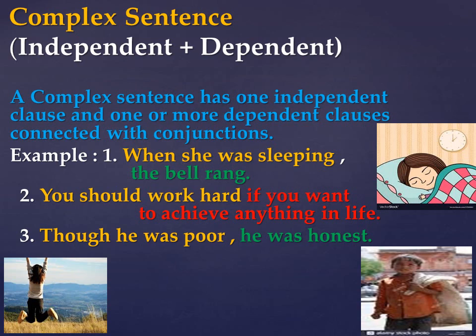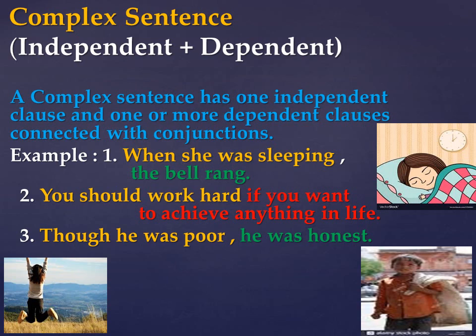So by adding when, I made it a subordinate clause. That is why it is said that a subordinate clause has such a conjunction added. Look, in the second sentence, you should work hard if you want to achieve anything, if is the conjunction that made the clause subordinate.